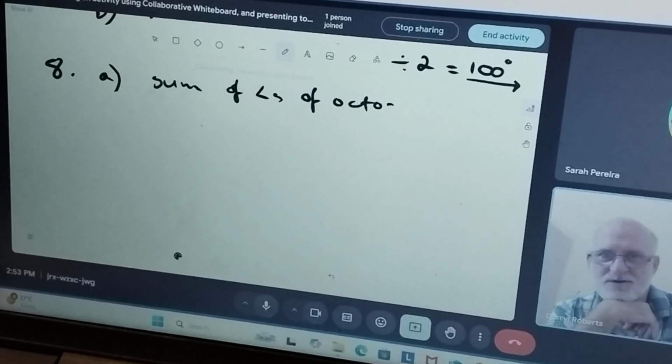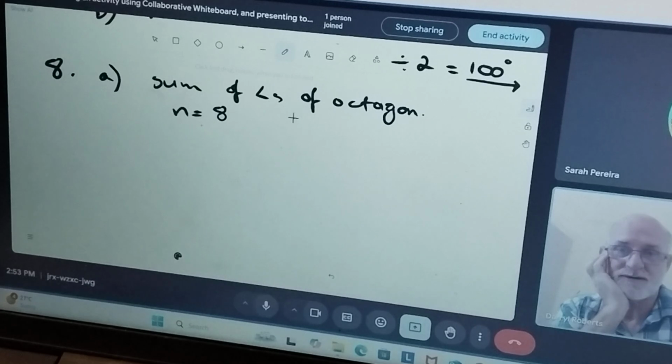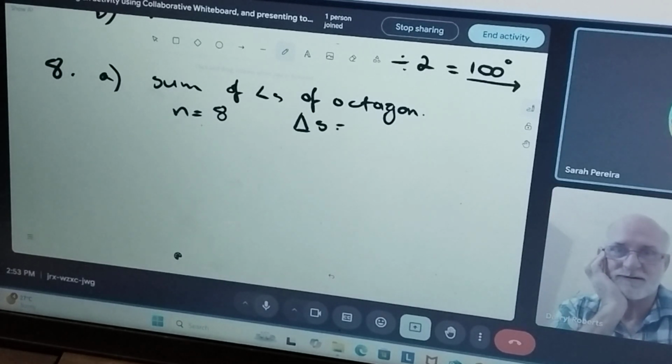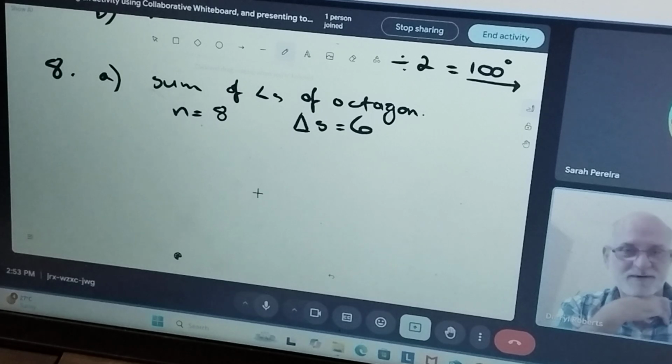How many sides does an octagon have? 8. Good, so our n is 8, right? Number of sides is 8. So how many triangles will there be? Oh, 5. Keep going. Good. There'll be 6 triangles. Why? You'll always have 2 fewer than the number of sides.